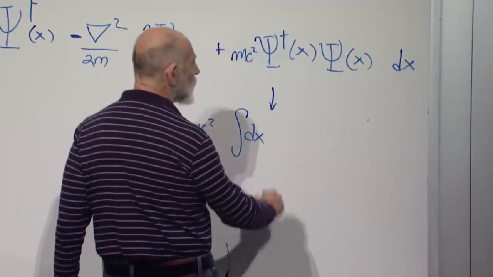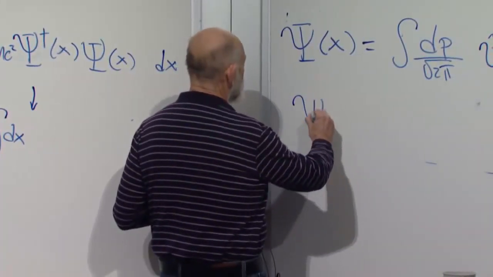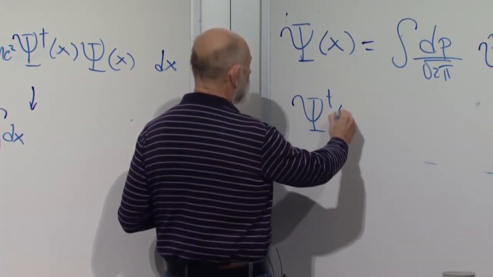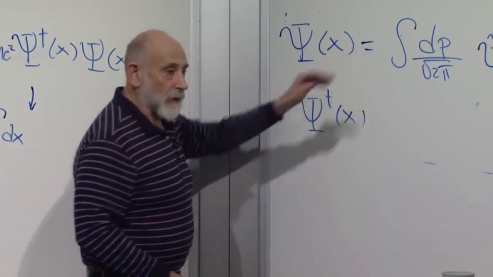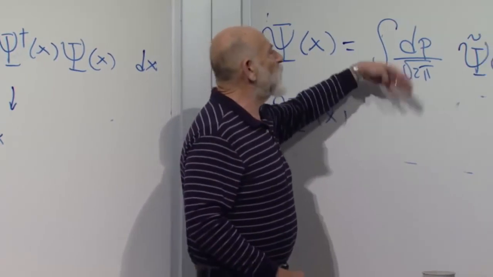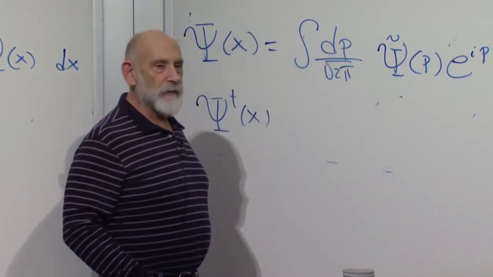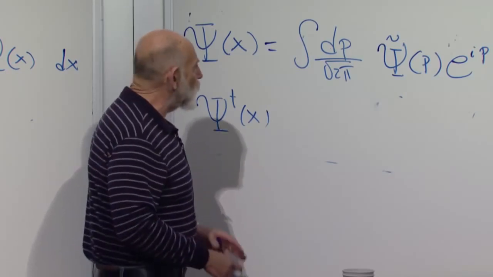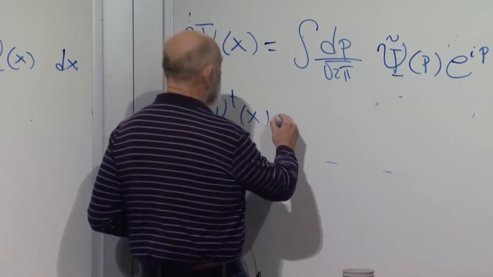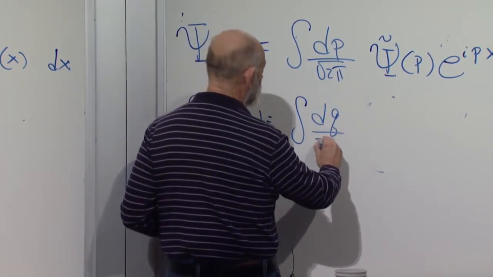All right, so there's an integral. Let's write a second equation here. Psi dagger of x is a similar integral. I'm not going to write it as an integral of p because I've already used p. p is an integration variable. I don't want to recycle it. I want to use another variable. Let's call it q, dq over 2 pi.